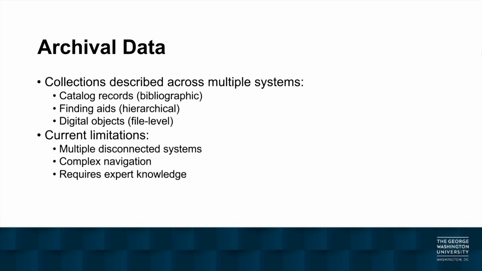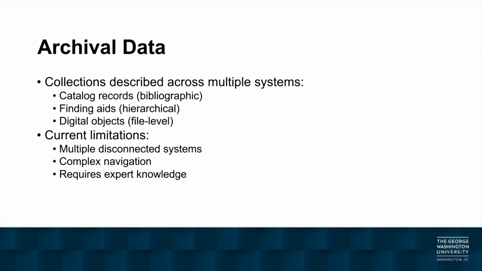Each of these have their own metadata schemas, their own descriptive methodologies or what have you. And a real challenge that we are dealing with every day is that these are sometimes connected, but not always, and not usually in a sensible way.